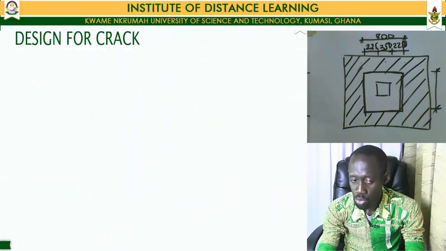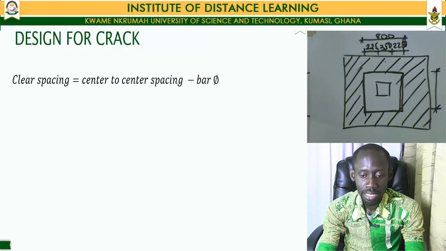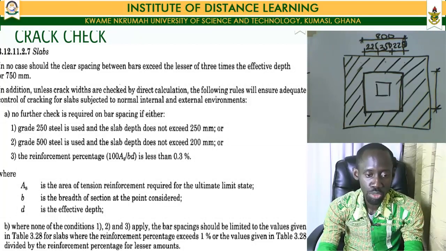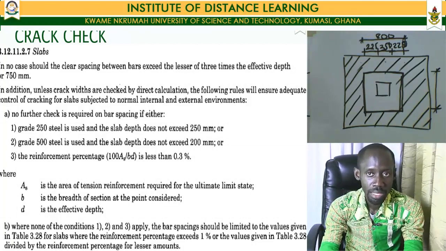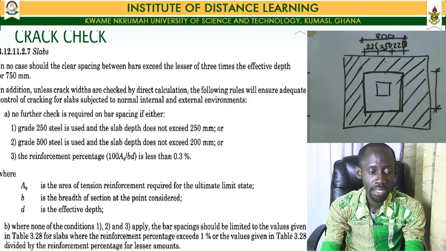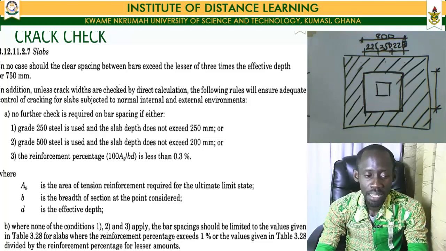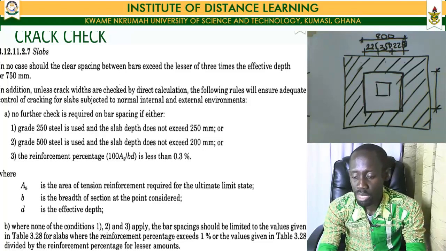So then we move ahead and we look at our crack check. In doing our crack check, we would make use of the same provision that was made use of whilst we were doing our slab and our staircase design. And the provision said in no case should the clear spacing between bars exceed the lesser of 3 times the effective depth or 750 millimeters. And moving forward, no further check is required on bar spacing if grade 250 steel is used and the slab depth does not exceed 250 millimeters.